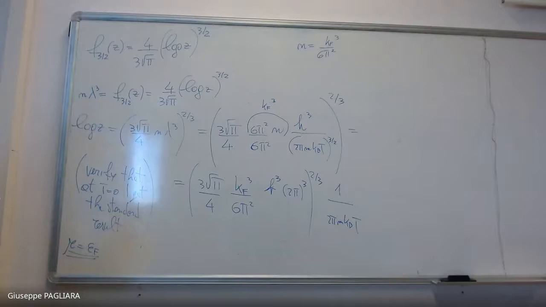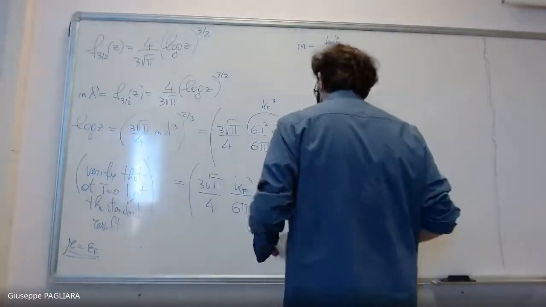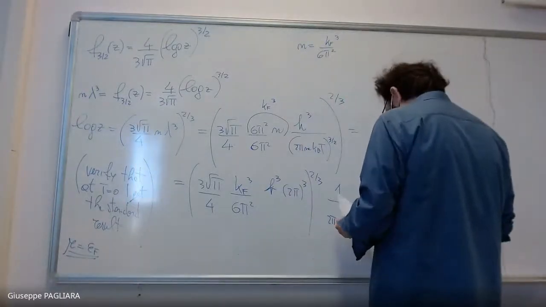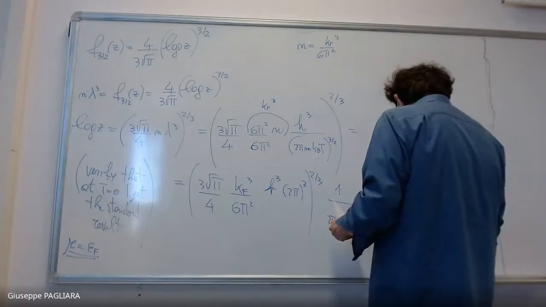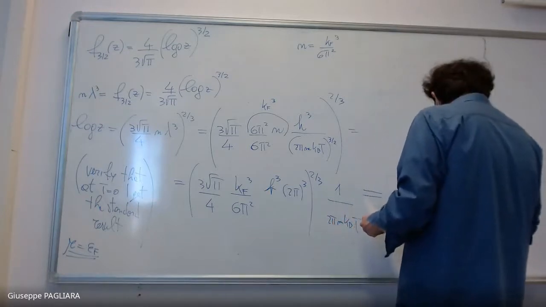Okay, so all of this expression actually becomes equal, if you do the calculation, to the Fermi energy divided by kBT. This is the logarithm of z.